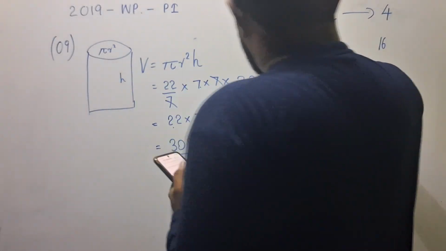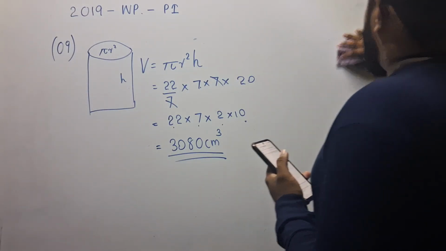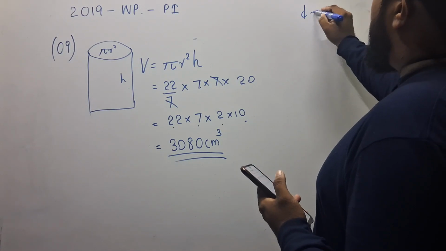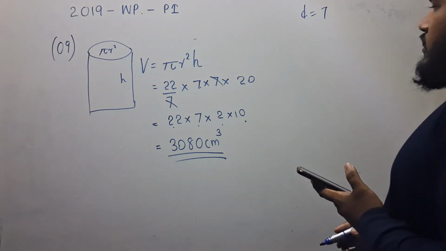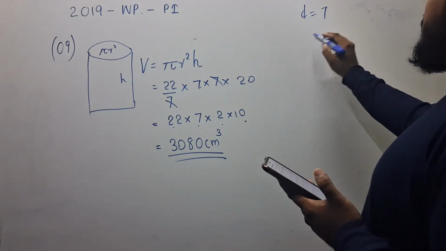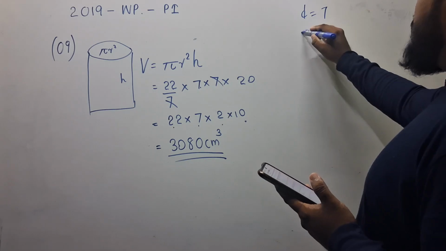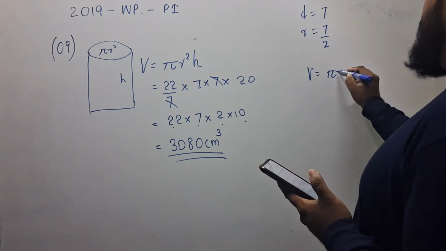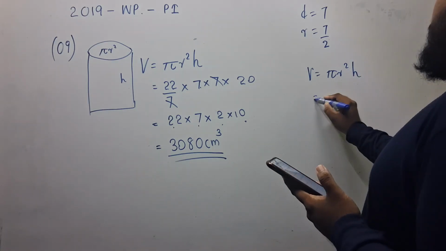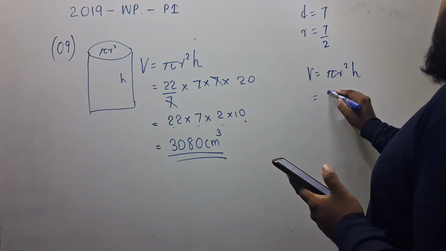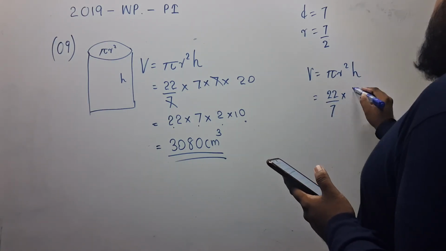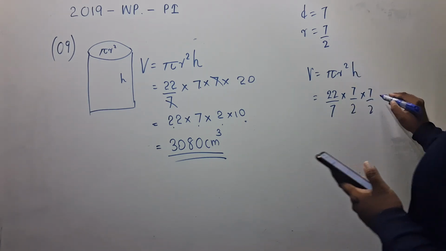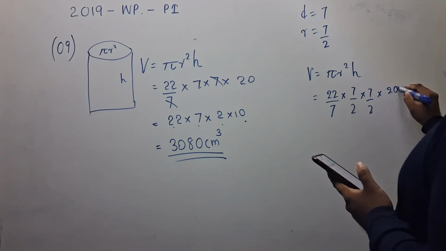Okay. Let's think you have been given the diameter in this question. If you are given the diameter, you can use two methods. Think the diameter is 7. The first method is you can write r equals 7 over 2 and v equals pi r squared h equals 22 over 7 multiplied by 7 over 2 multiplied by 7 over 2 multiplied by h, which is 20.